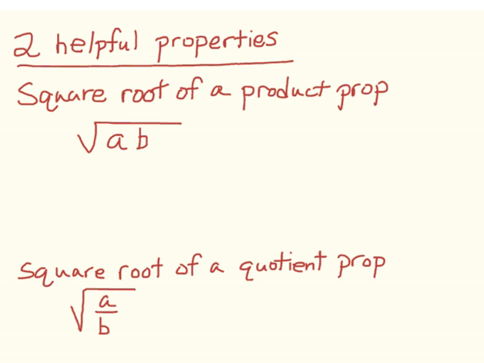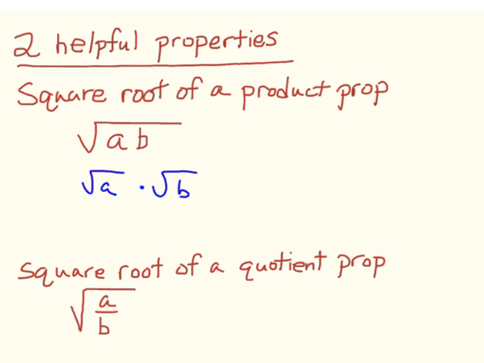Okay, so two very helpful properties that we'll be making heavy use of. One is called the square root of a product property. That property says if I take the square root of a product, you can count on the fact that that does equal the square root of A times the square root of B. It doesn't matter what A and B are.